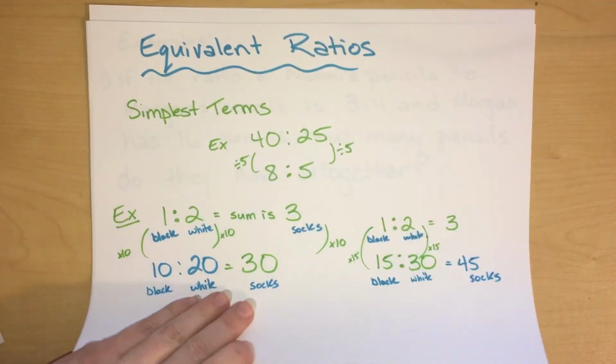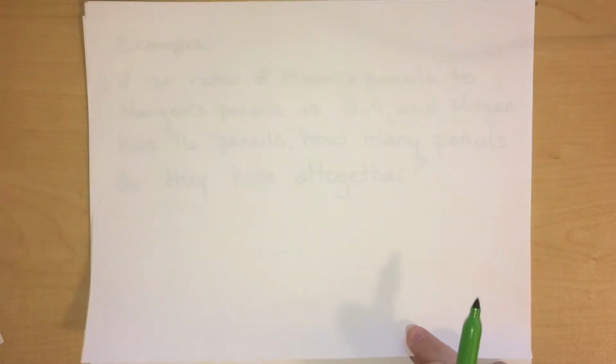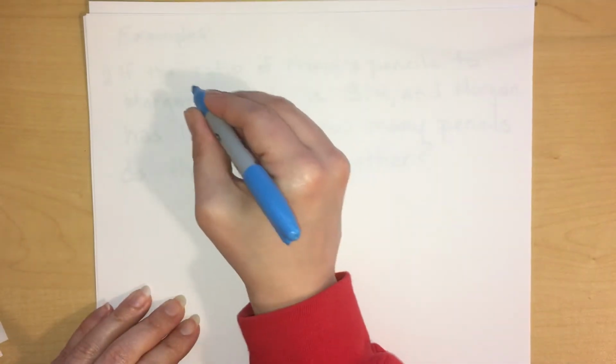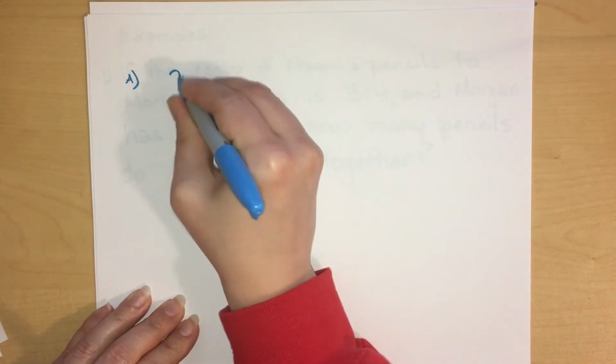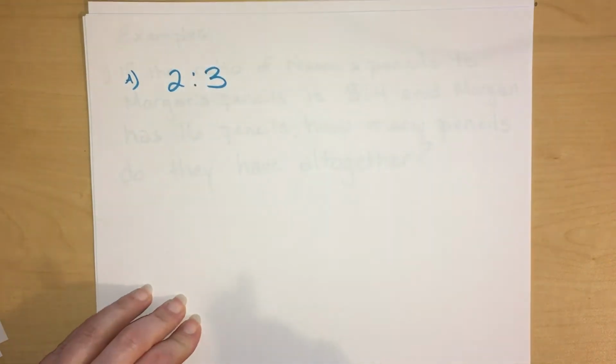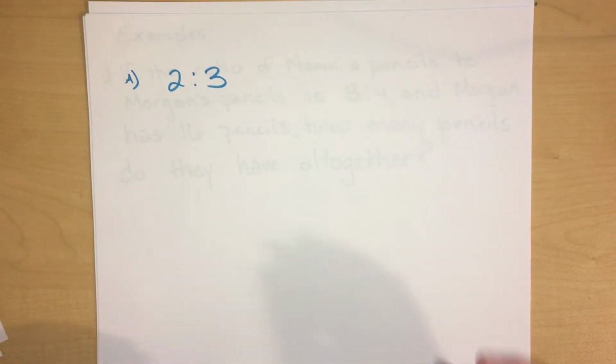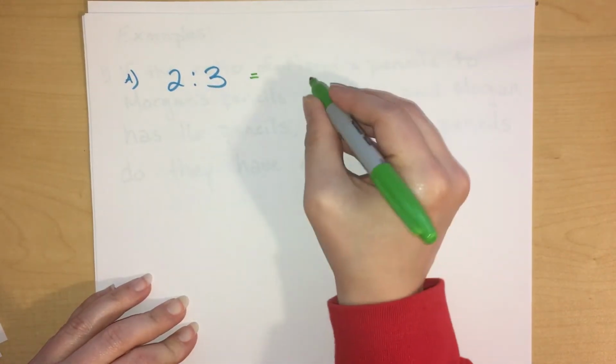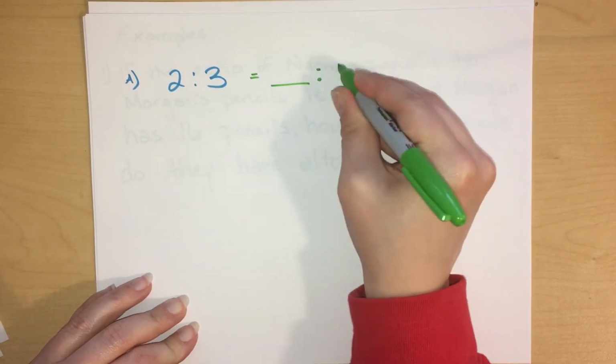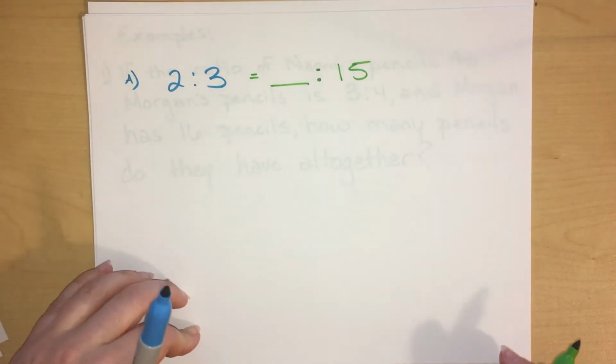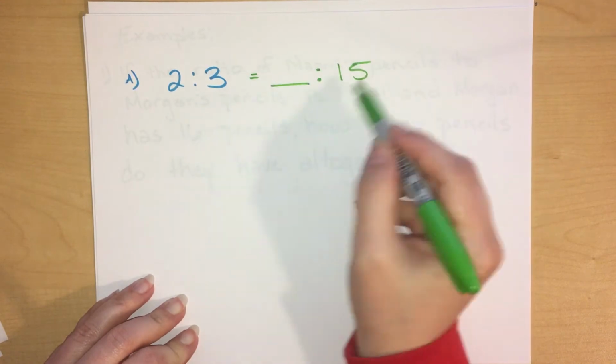Before we get to those ones, let's say we had a ratio of 2 to 3, and then I wanted to know what the ratio would look like if that was all of a sudden 15. So it's an equivalent ratio.